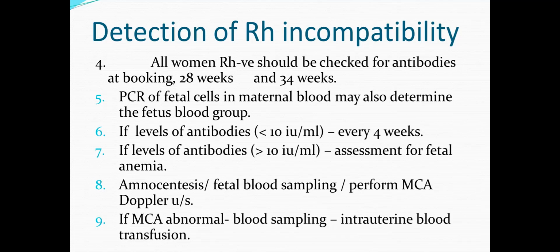But if it is abnormal, that means it is greater than 1.5 MoM, then we have to go for fetal blood sampling, and if needed, we have to do the intrauterine blood transfusion.